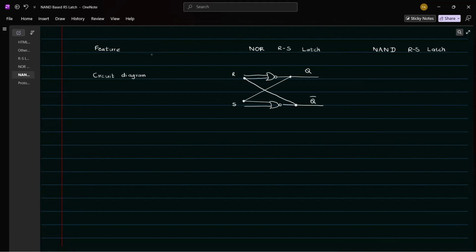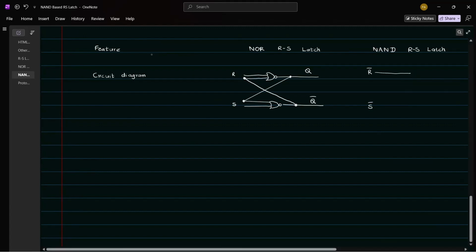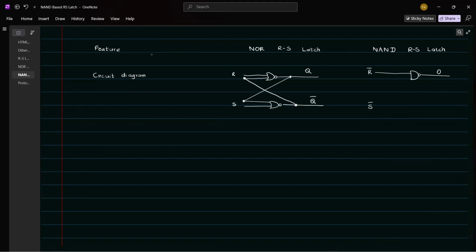That's it. The NAND RS latch is a little bit different, because you have R bar here, S bar here, and you will have NAND gates. That's also not a problem. You will have R bar here and a NAND gate here, but instead of Q here, you will have Q bar. Similarly here you have a NAND gate and S bar.